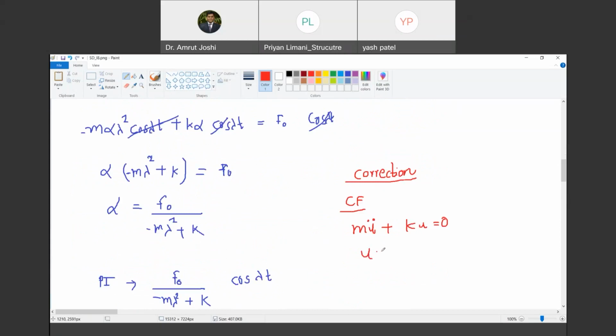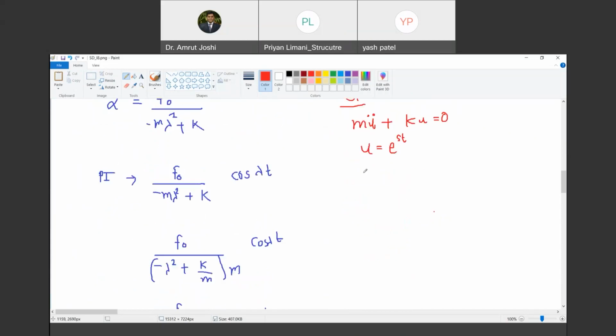So I propose u is equal to e raised to st. Are you with me? Let us substitute that. So u dot is equal to s e raised to st, and u double dot is equal to s square e raised to st. Substitute that here, you get m s square e raised to st plus k into e raised to st equal to 0.